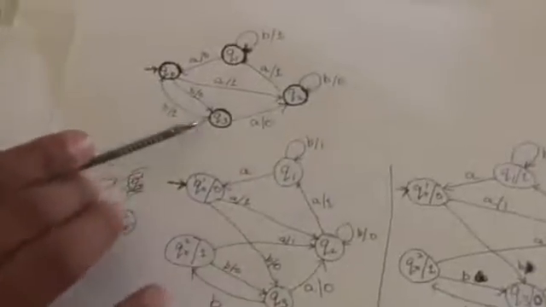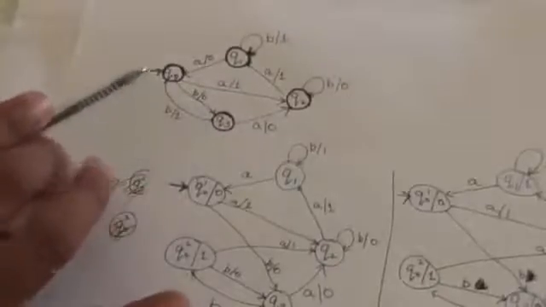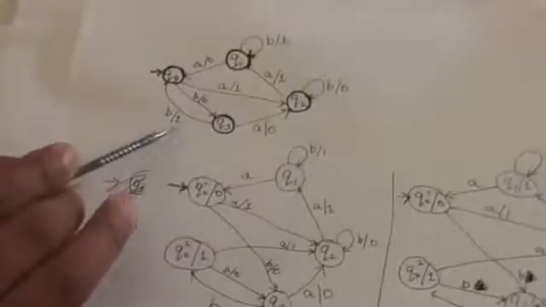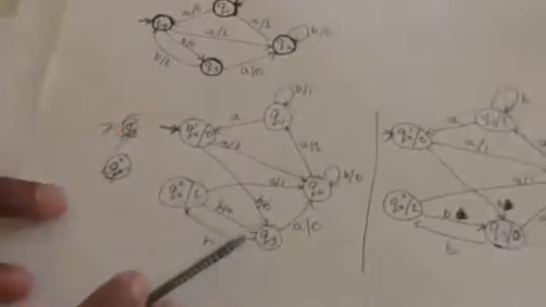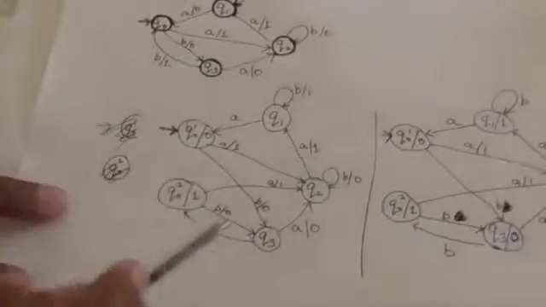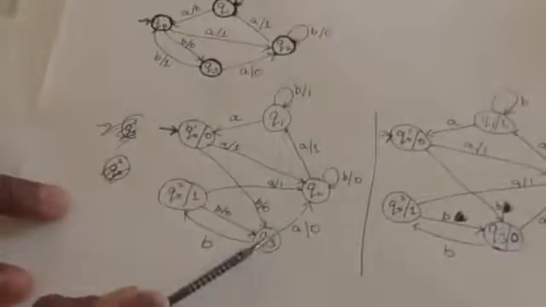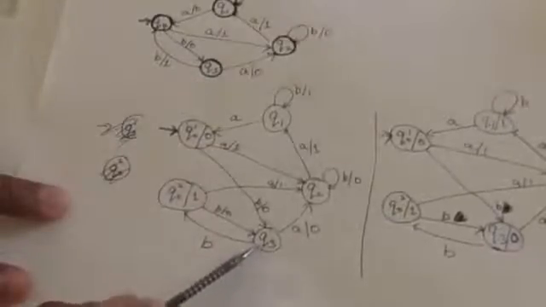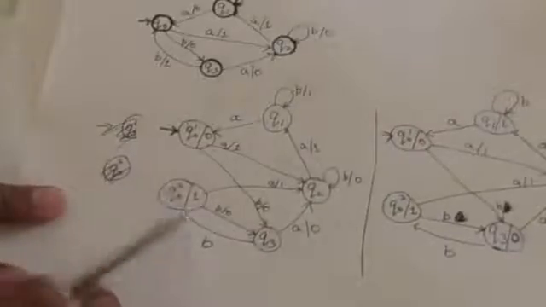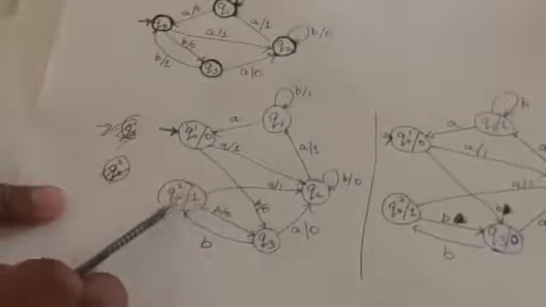So from Q3 state, there is an edge to Q0 state labeled by output symbol 1. So in this machine which I have transformed, there is a transition from Q3 state to that version of Q0 state which is associated with output symbol 1.